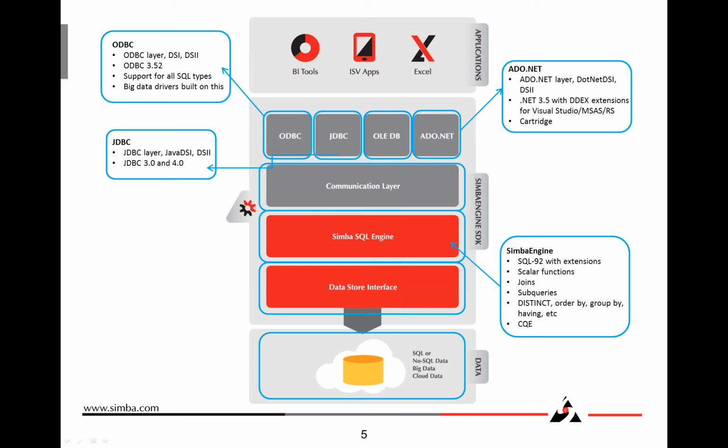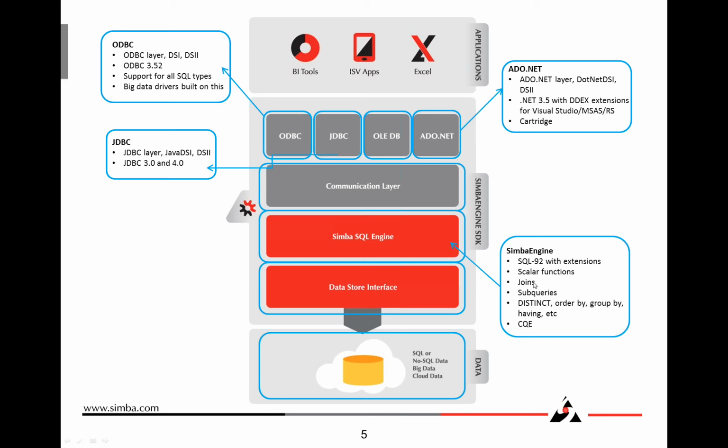The Simba SQL engine is a fully SQL-92 compliant engine. It has all of the features that you would need in a SQL engine. So we would use this if you have no SQL in your data.